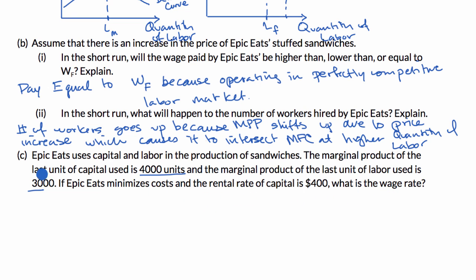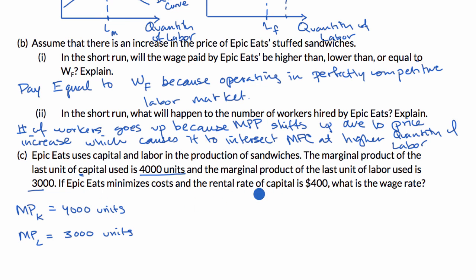All right, so they give us a few things. So the marginal product of the last unit of capital. I'll use K for capital, to ease confusion. So the marginal product of the last unit of capital is equal to 4,000 units. We know that the marginal product of the last unit of labor is equal to 3,000 units.